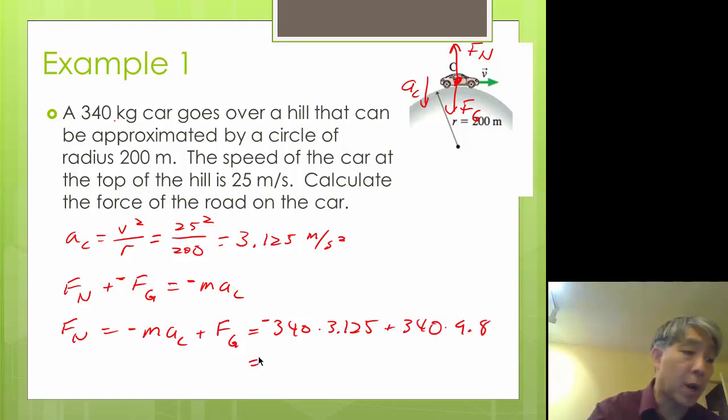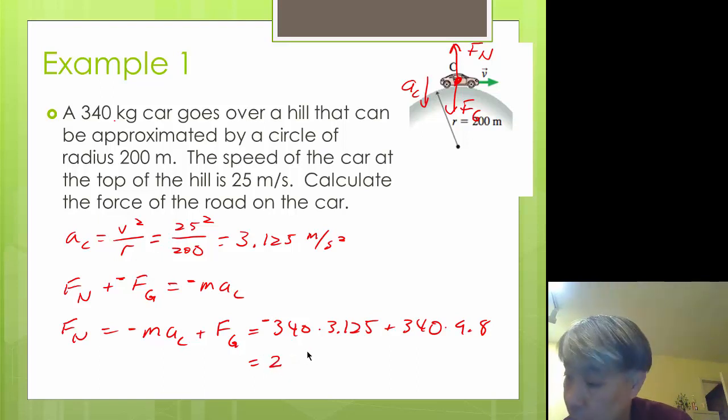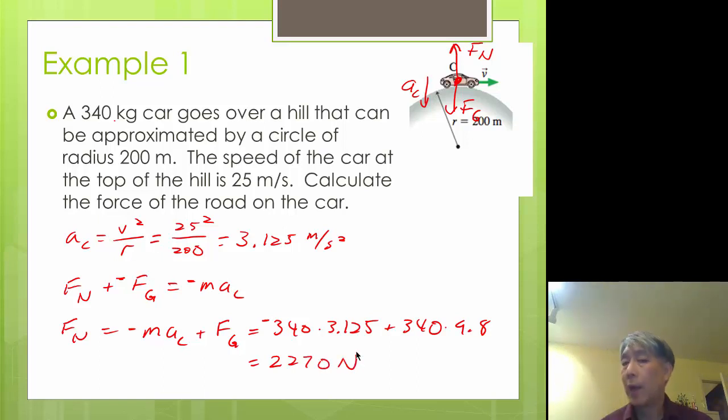If I go through that process, I find that my normal force in this case is about 2,270 newtons. As a quick double check, my normal force must be smaller than my force of gravity. Otherwise, I'm not going to be accelerating downwards. And 2270 is certainly less than 340 times 10, or roughly 3,400 for the weight of the car. So as a quick double check, that works.